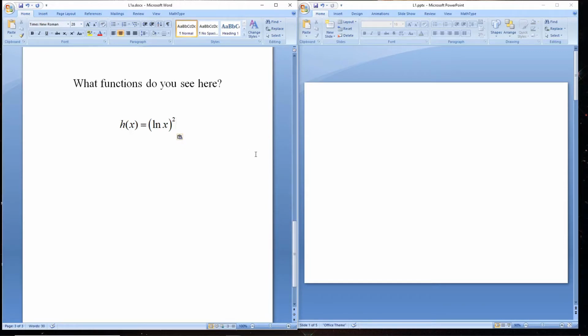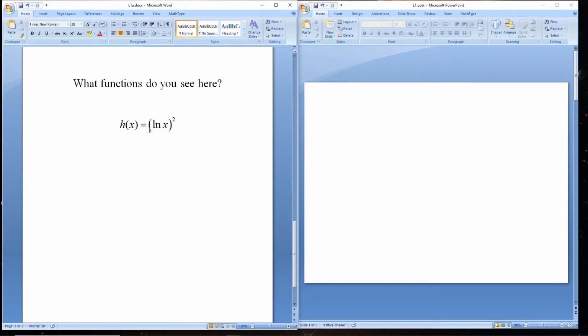What functions do you see here in this h of x? Well, the first function, the very first function you see. In other words, when you read this left to right, the first thing you're going to encounter is this parentheses.